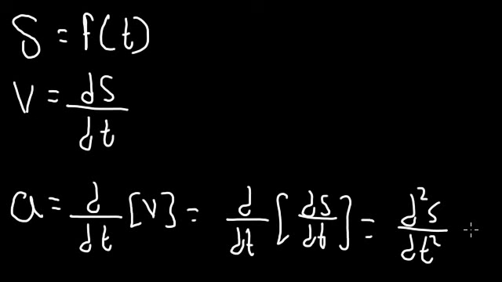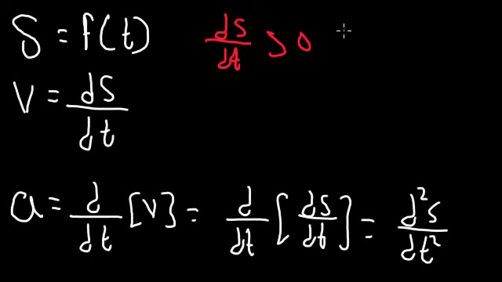Perfect. Now, it is important for you to understand the behavior of ds by dt, which is the velocity, and d squared s by dt squared, depending on the problem you're dealing with. When a particle moves away from a particular point O, then ds by dt would be greater than 0 in this case.